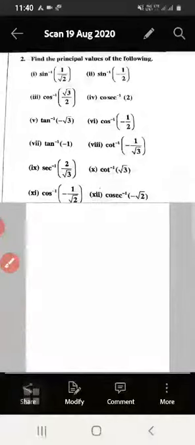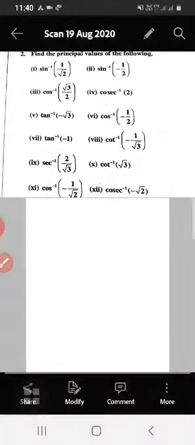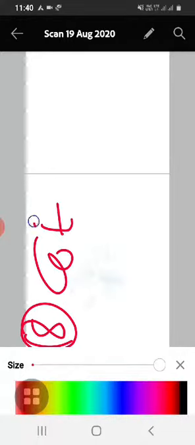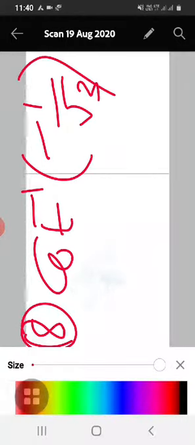Let me take another one, the eighth one. This is given as cot inverse of minus 1 by root 3. Find the principal value of cot inverse of minus 1 by root 3.